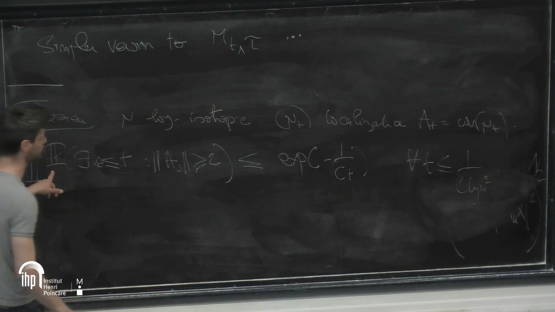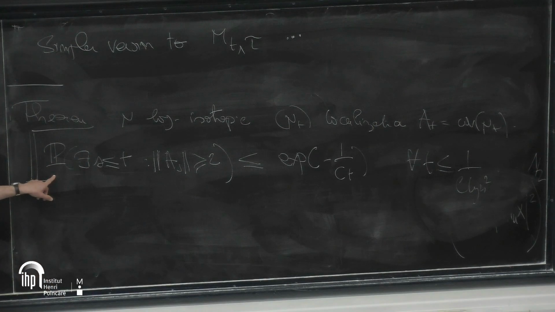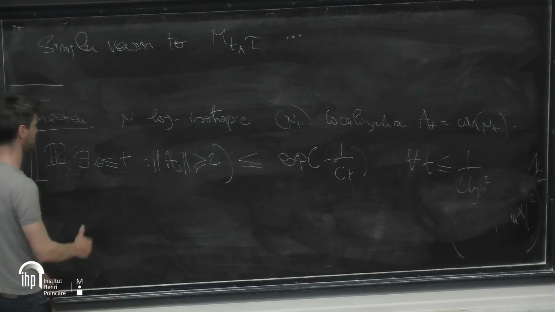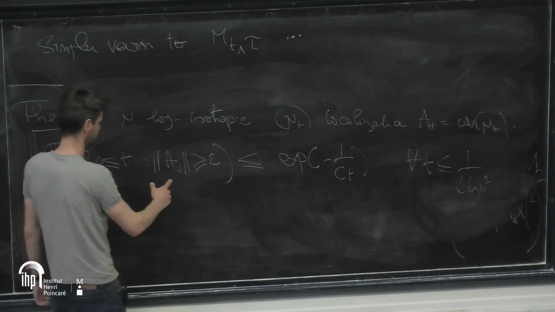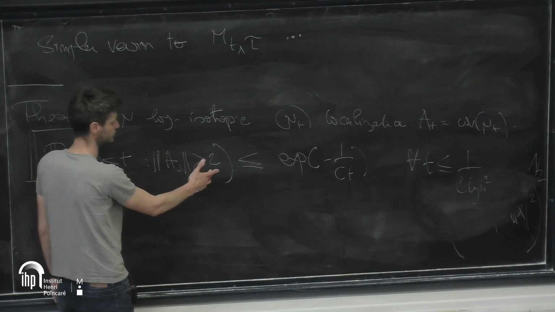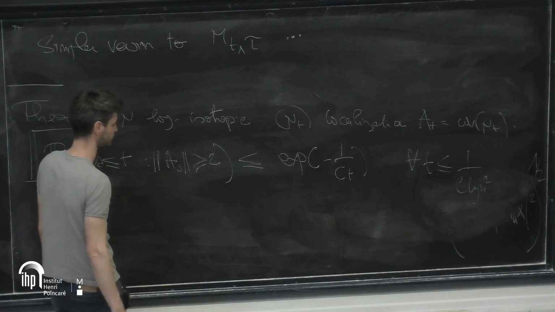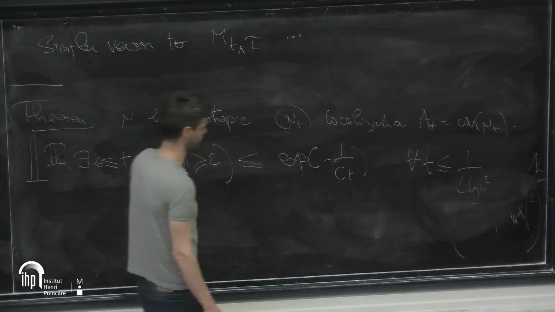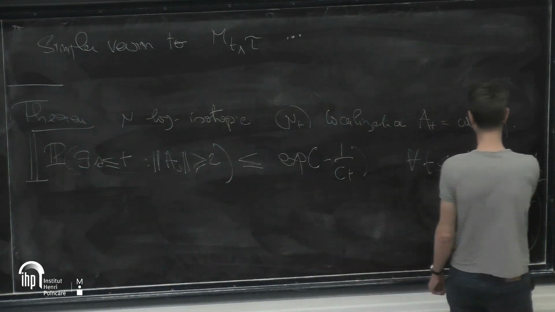Maybe before proving this, let me explain why this implies the bound on the expectation of AT. Because here, in particular, I have a bound for the probability that AT is larger than 2, provided T is in this range.